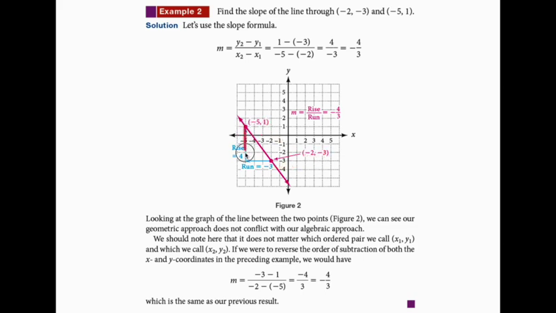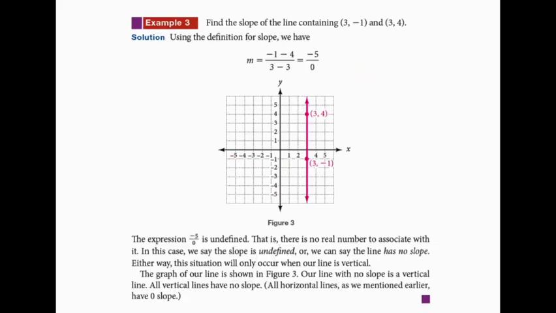That distance is 4. When I look at the horizontal distance, that distance from here to here is 3. So that's geometrically where we're getting the 4/3. And then because it decreases left to right, we have to make sure that there's a negative there for the slope.